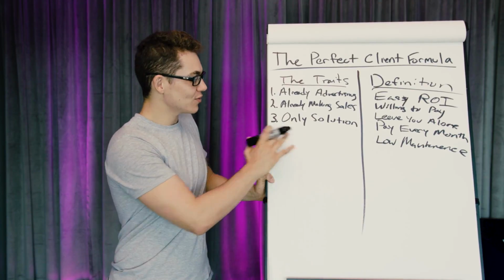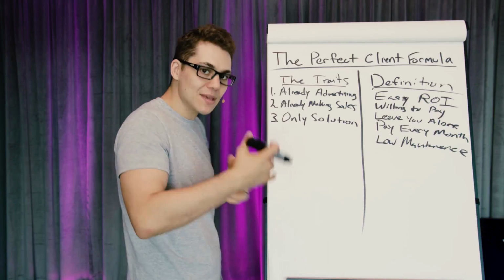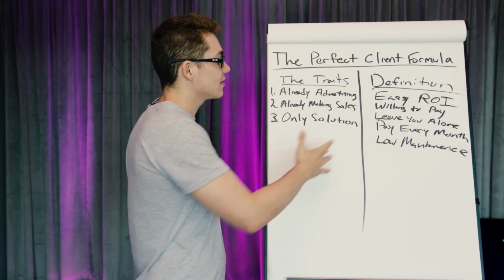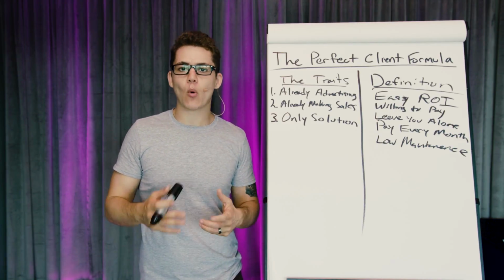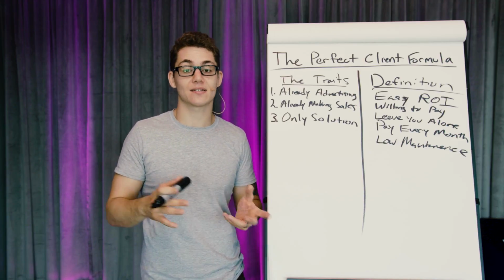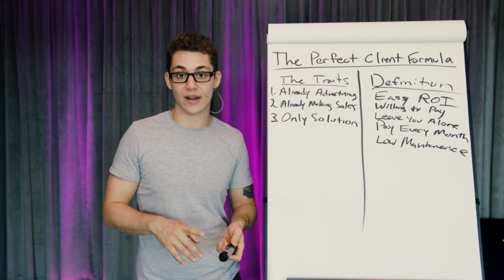Sure, there are maybe some other solutions out there, but for the most part, they're the only solution. Now, why is this important? It's important because if they're the only solution, we just need to get bodies in the door. We just need to send them leads and let them do what they do every day already.